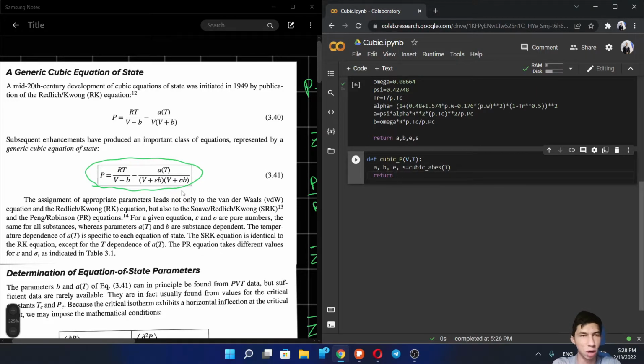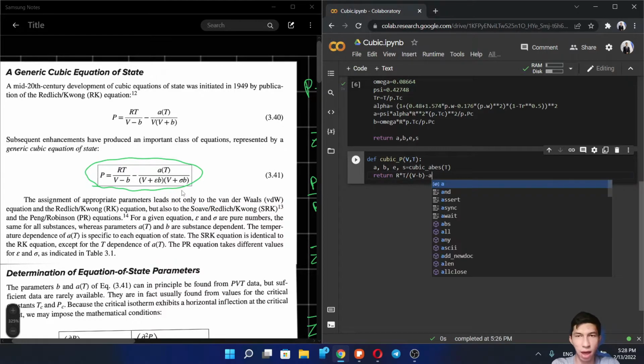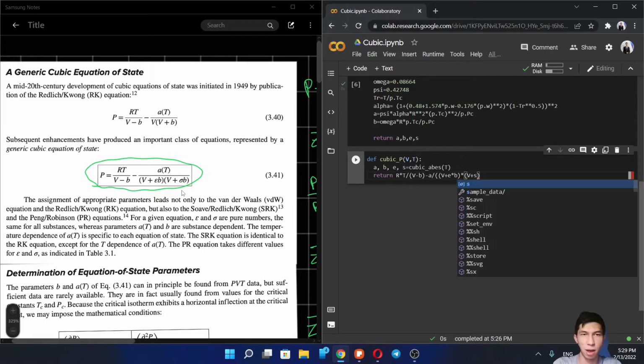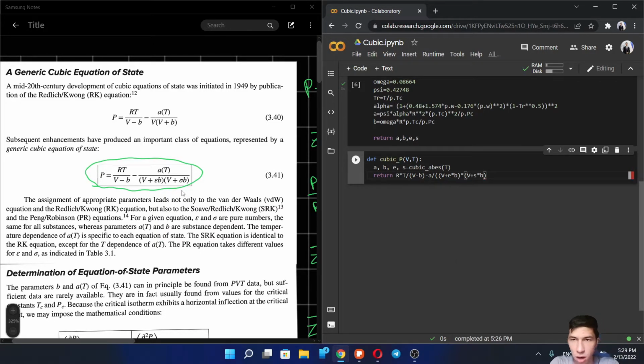So our cubic pressure is going to be equal to RT divided by V minus B, which is the excluded volume of a molecule, minus A divided by volume plus epsilon multiplied by B, multiplied by volume plus sigma multiplied by B, right?